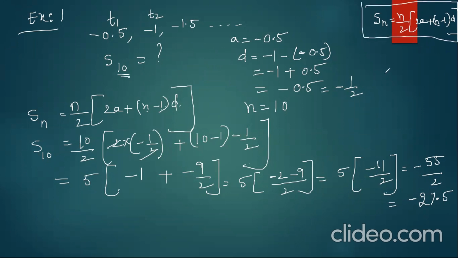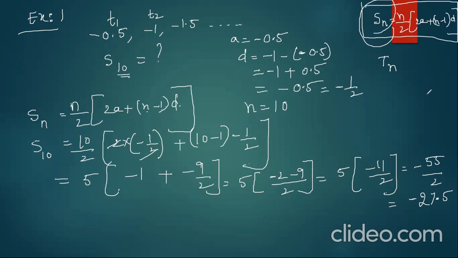So what we did in this video: finding what a sequence is, what a series is, what the difference is, how to find what a progression is, and what the different types of progressions are. After that, what is an AP, what is the standard form of an AP, how to find the nth term of an AP, and how to find the sum to n terms of an AP.